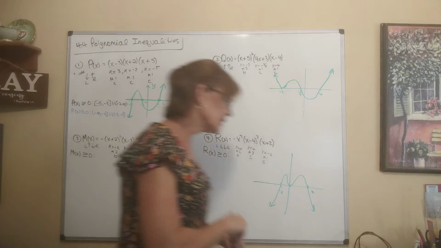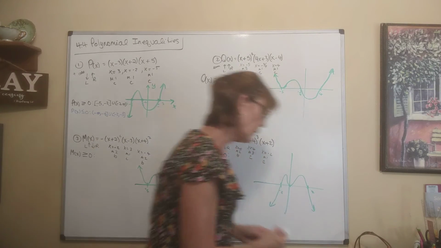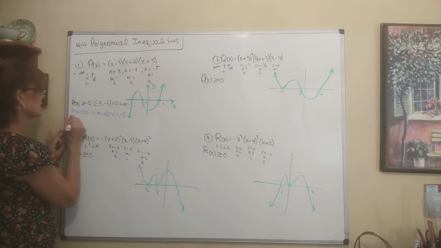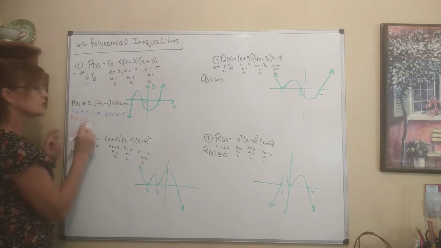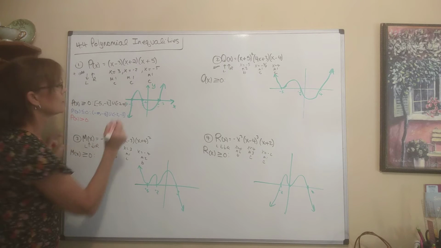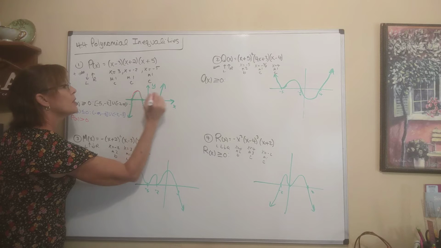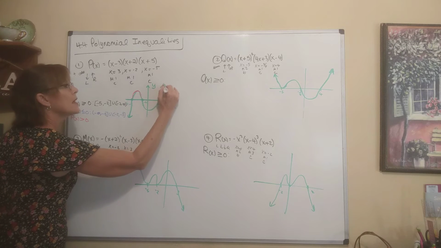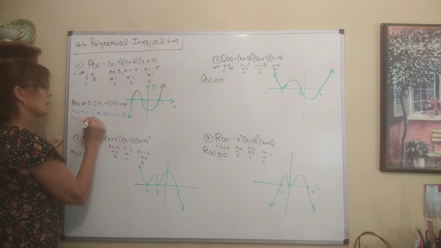Okay, now what if they didn't have the or equal to on there? What would that look like? Well, that would look like this. What if it's just p of x is greater than 0, just positive, not equal to 0? Then we just want to talk about this part and this part, not where it's touching. So that goes like this.